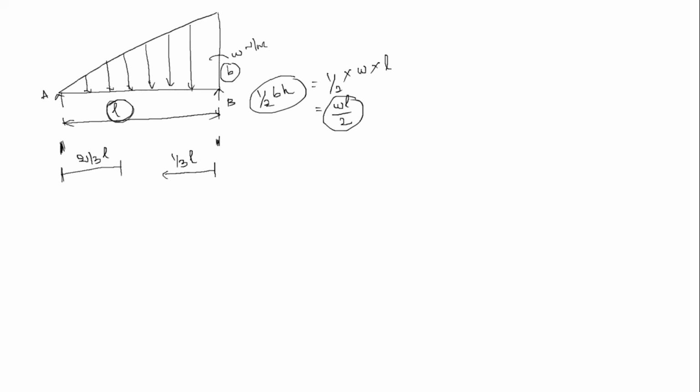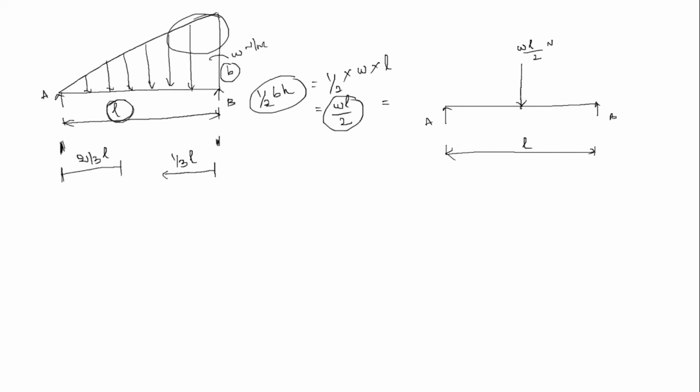Now this is converted into a simply supported beam. This is point A and this is point B. The total distance between A and B is L, and we are converting this uniformly varying load into a point load equal to WL by 2, the representation of the point load being this arrow, WL divided by 2 Newton.